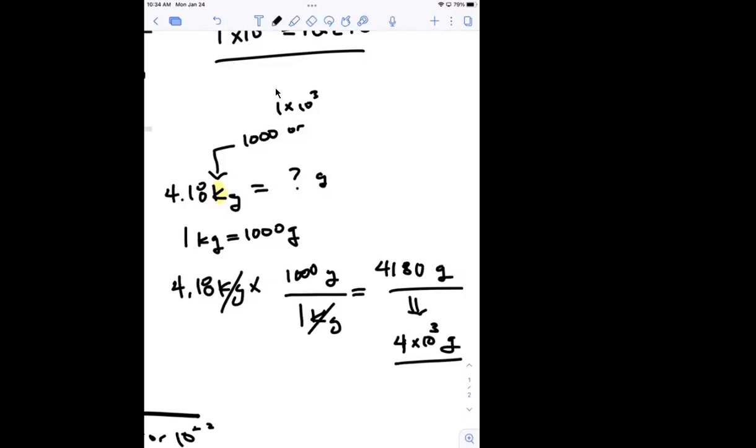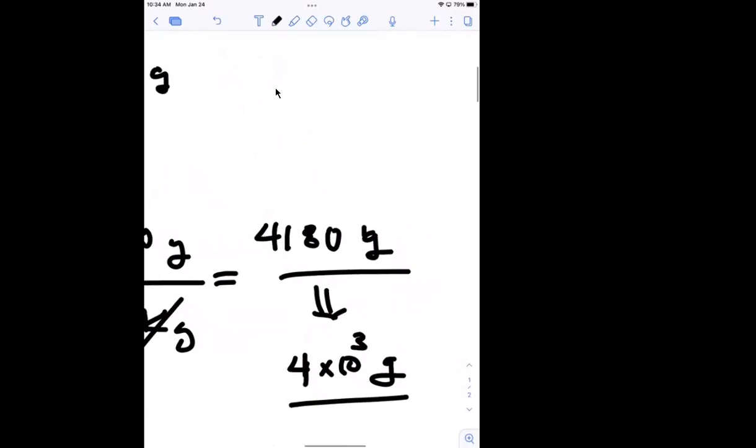Because if we take this, move the decimal 3 times here, that's going to give us 4.18, which is going to round to 4.2, not 42, which will round to 4, right?